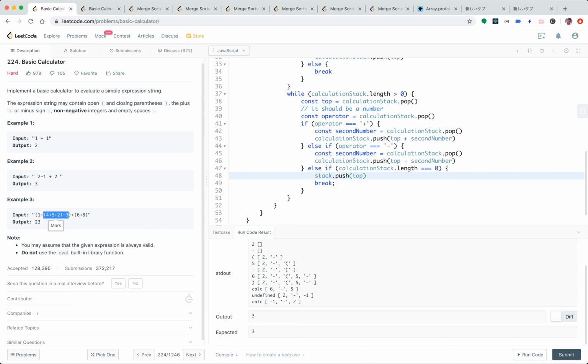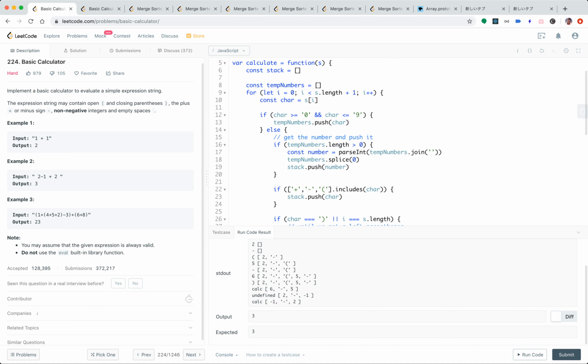It becomes another expression, and we check these parentheses and do it again. Also, it's not only at the right parenthesis, but also at the last number, so we have to do it again.